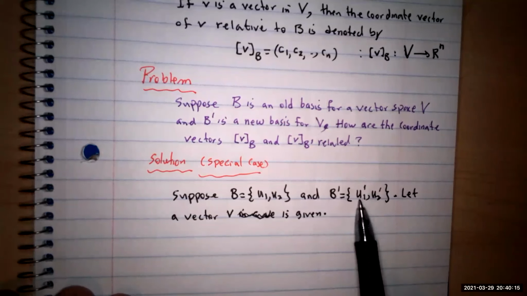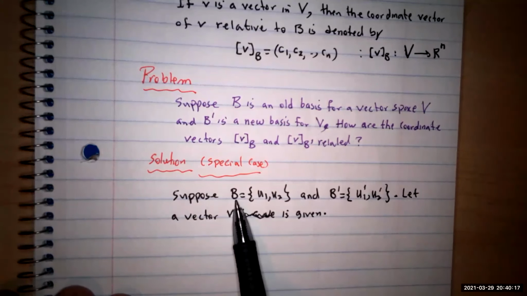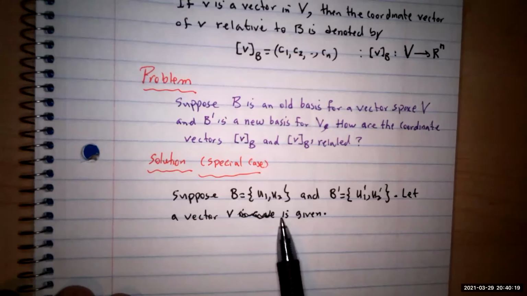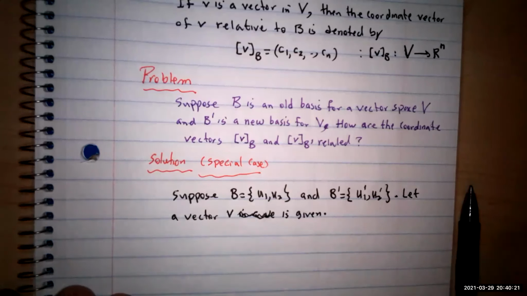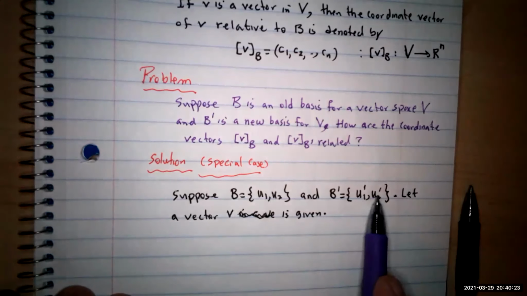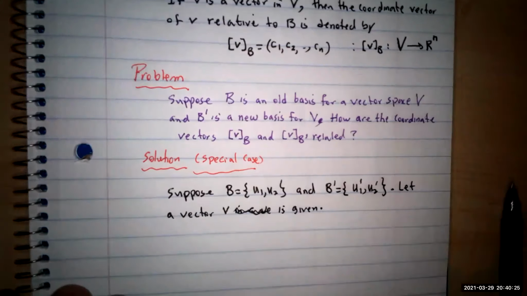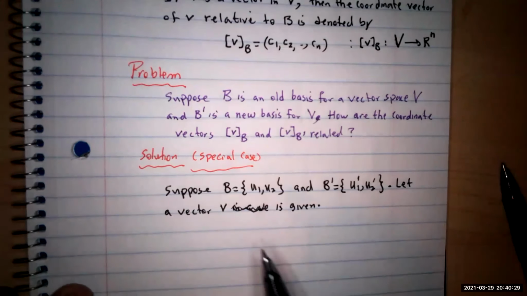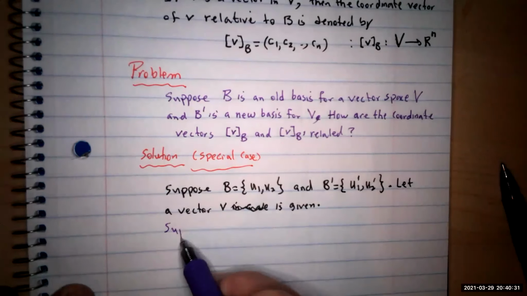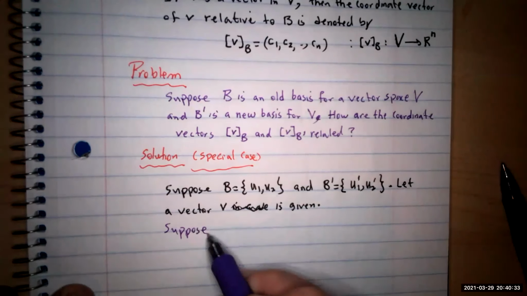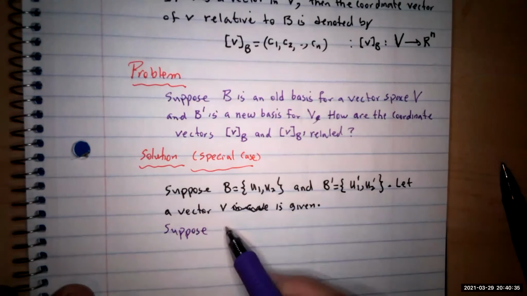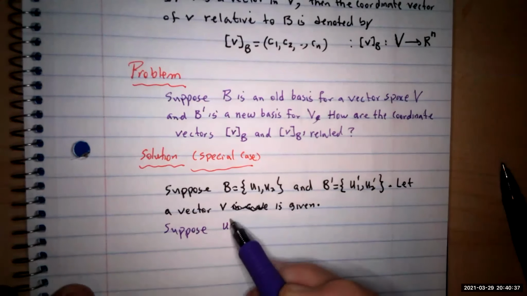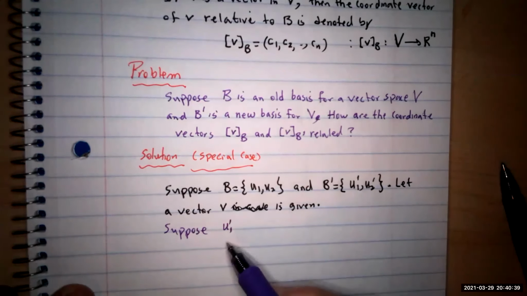We can find the coordinate vector with respect to the B here, and then go with the V. Or you can write V as a combination of these two together, then you have to connect them to the original one. So I start with this one. Suppose I pick this new one, this is U1 prime.